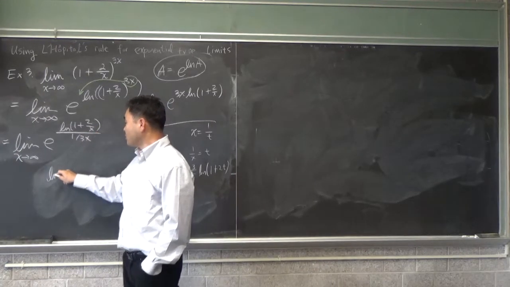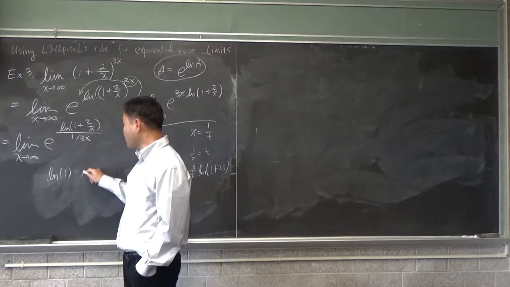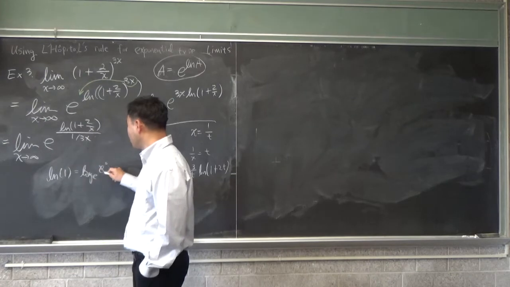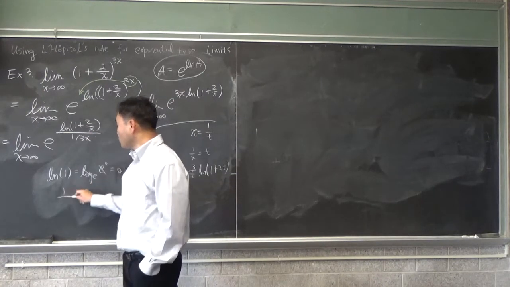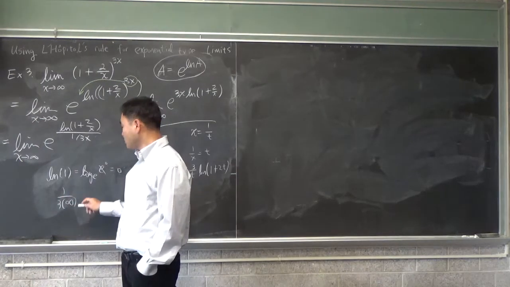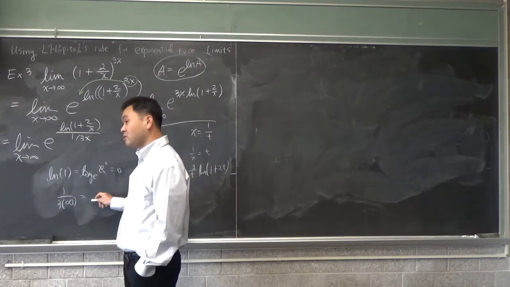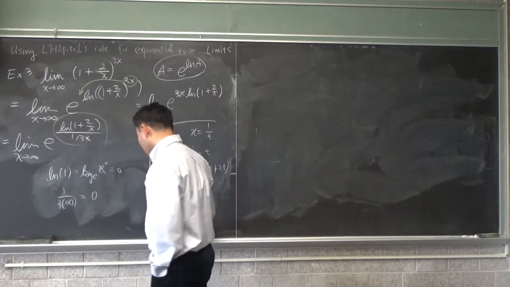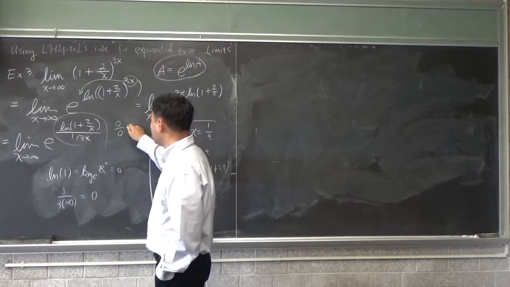What's ln of 1? 0, because this is like log base e, and 1 is e to the 0th power, right? And then if you have 1 over 3x and you plug in infinity for x, what's this? 0, right? So this now here is what type? 0 over 0 type.